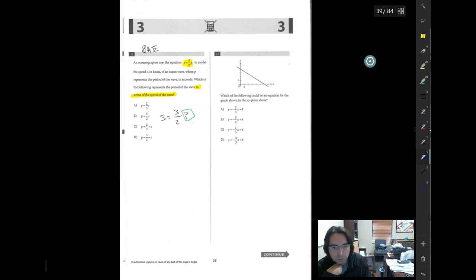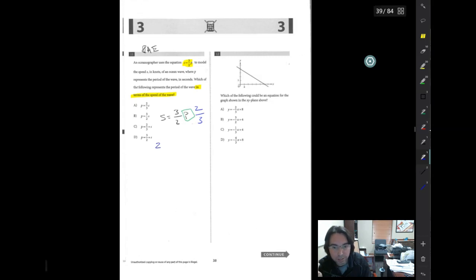To get rid of 3 halves, I have to make this side 1. By multiplying by its reciprocal, 3 halves times 2/3 gives me 6 over 6, or 1. So that just leaves P on this side.